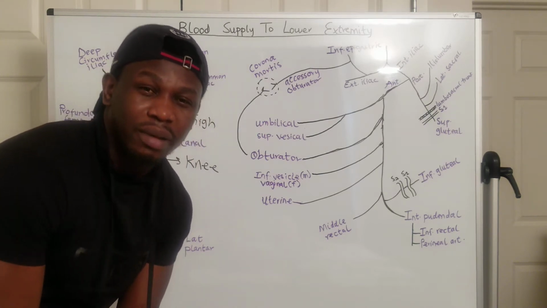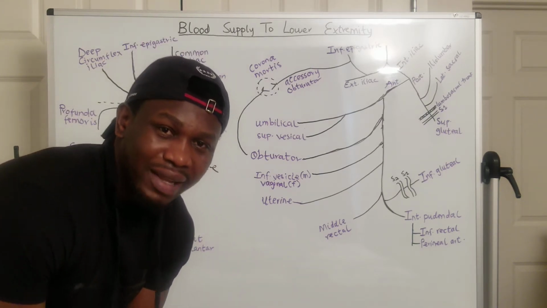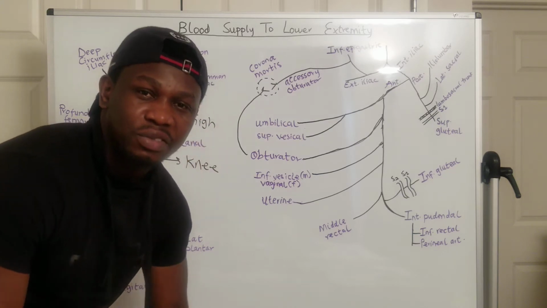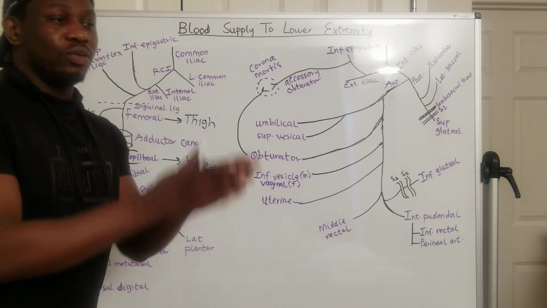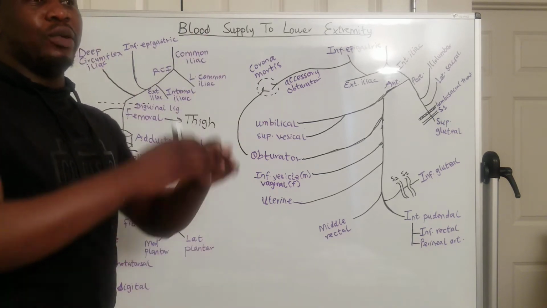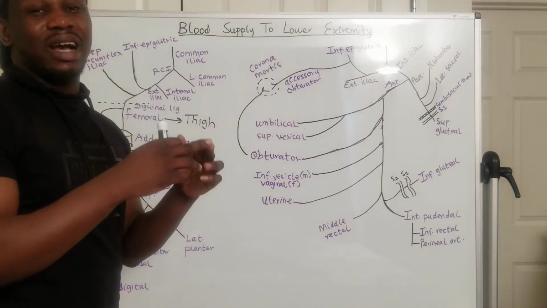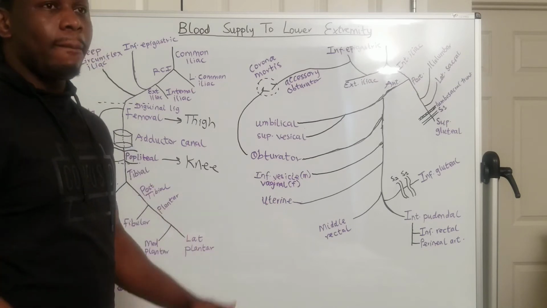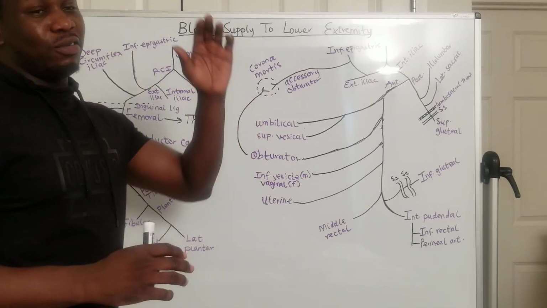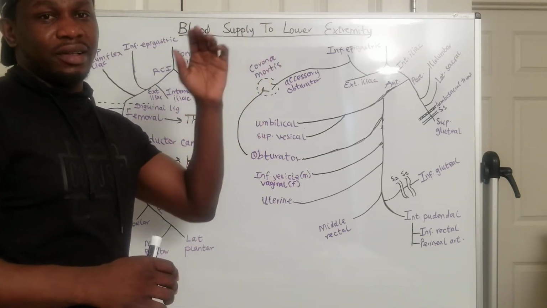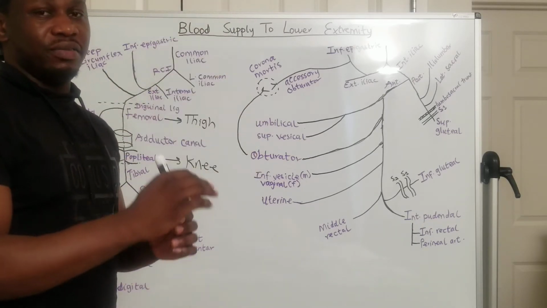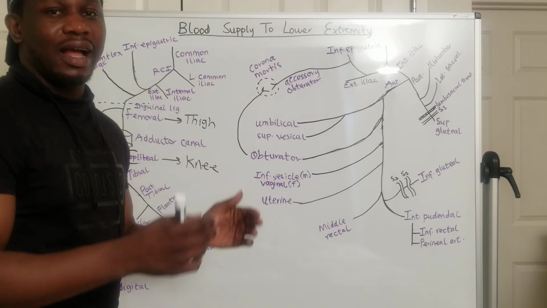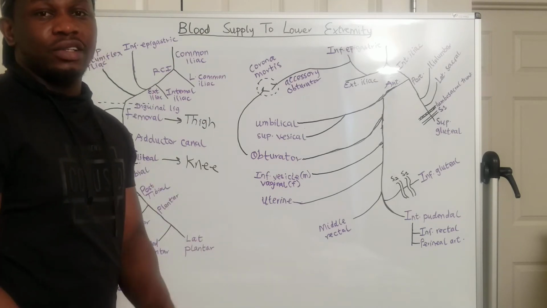The popliteal artery supplies the knee and gives off the genicular arteries: superior medial, inferior medial, superior lateral, and inferior lateral.